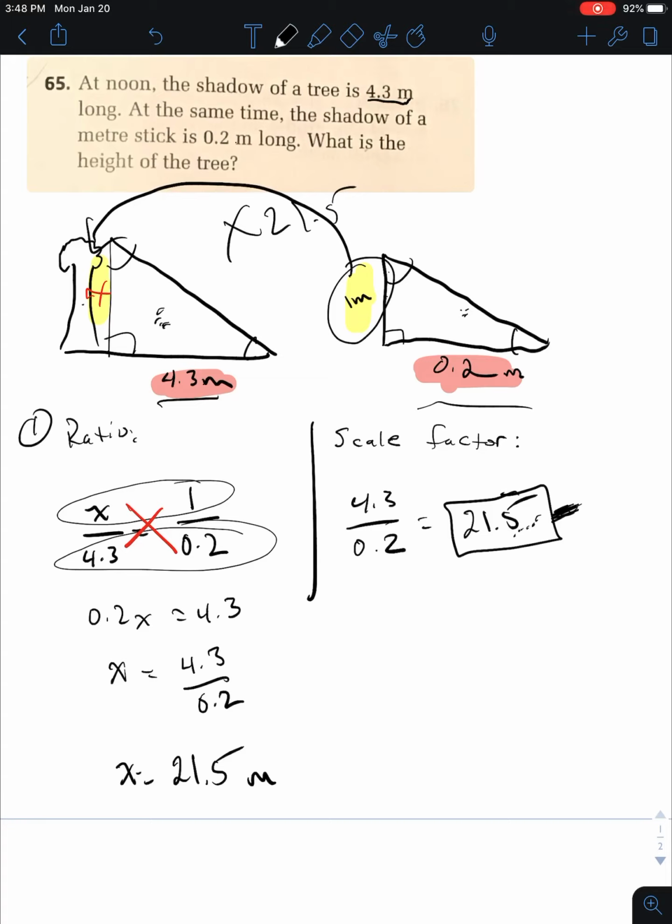In which case, you probably would have cast a little bit of a bigger shadow, like maybe 0.3, and then you would have done 4.3 divided by 0.3, got a different scale factor, and then you could have taken your height and multiplied it by that scale factor, right? So this question was a little bit easy because you used the meter stick. So you could do 1 times 21.5 is equal to x.